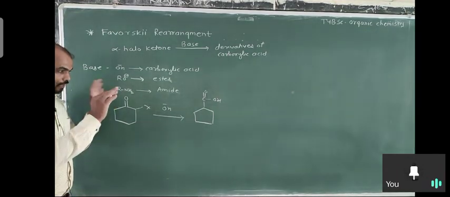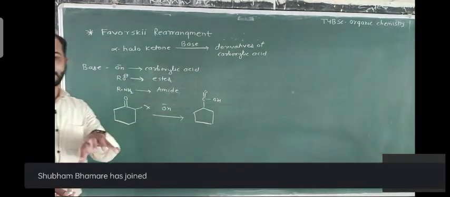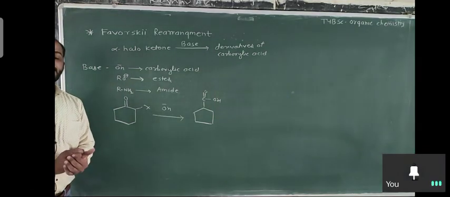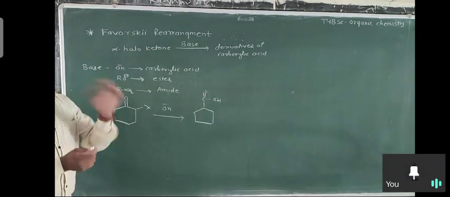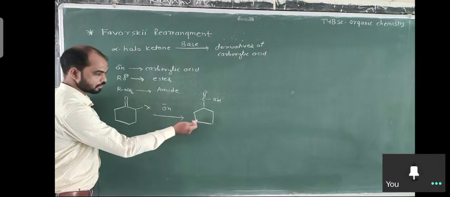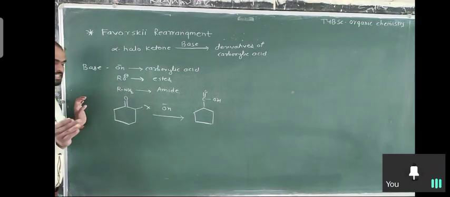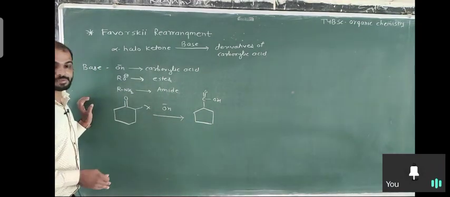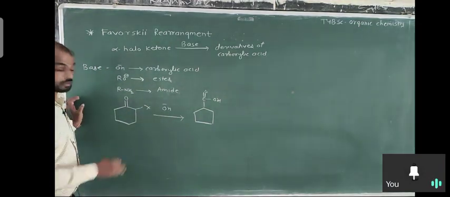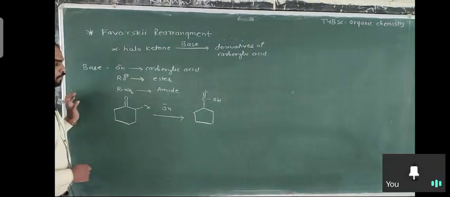In the overall reaction, a cyclopropanone ring forms as an intermediate, it undergoes rearrangement, and the result is ring contraction. You can easily understand this reaction through the mechanism, how the rearrangement takes place, which we will discuss in the next point.